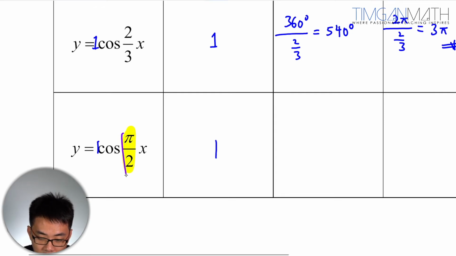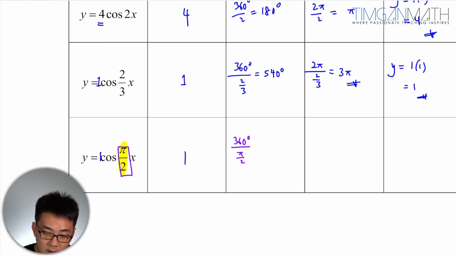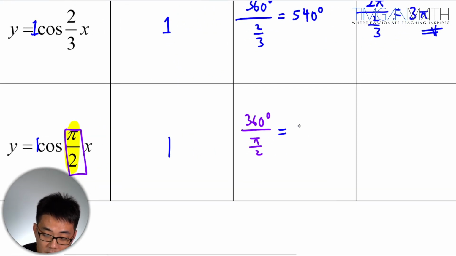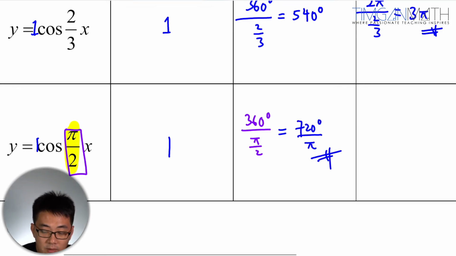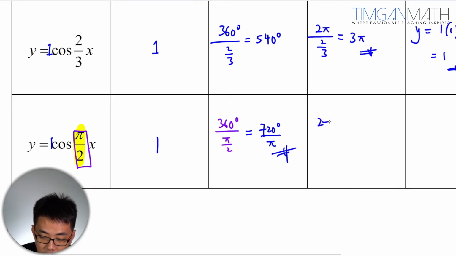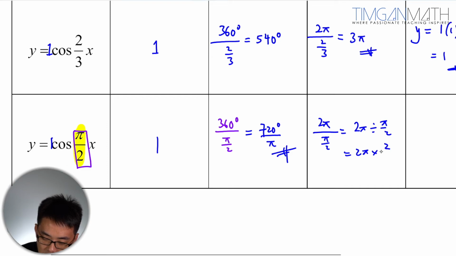So this is 360 divided by pi over 2, and the answer for this period in degrees would be 720 degrees over pi. Very important. This one will be 2 pi divided by pi over 2. Maybe I shouldn't skip steps for the previous one as well. This is 2 pi times 2 over pi, and this will give us 4.